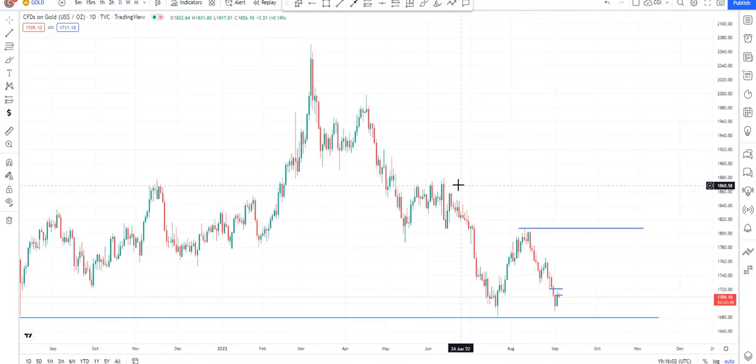What's the reason? The reason why I would not mark this as the key reference point is because we are in a downtrend and I don't really expect price to take out my strong highs.